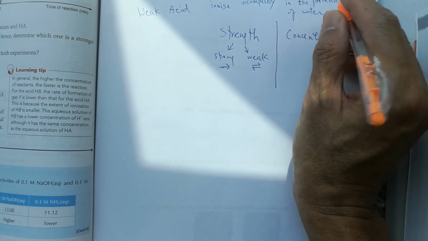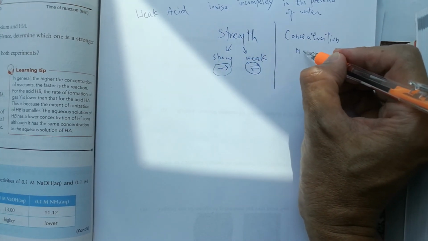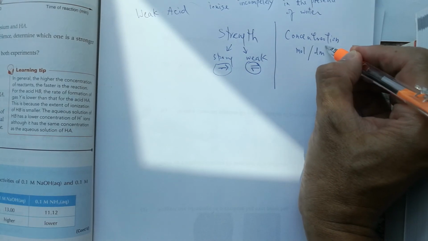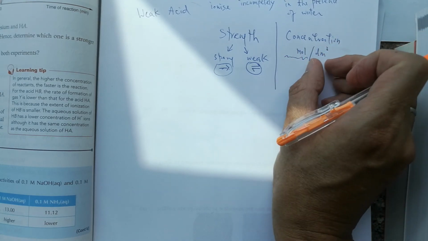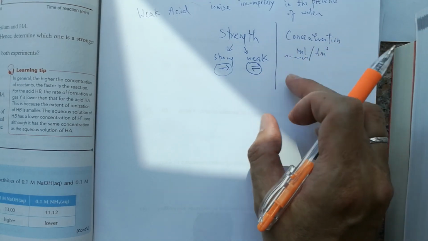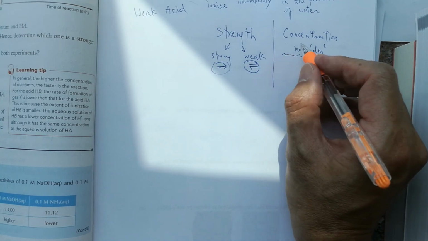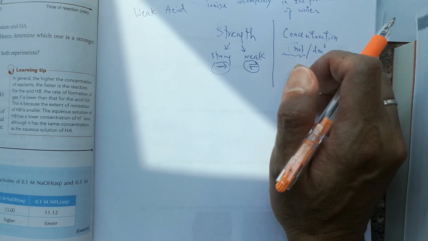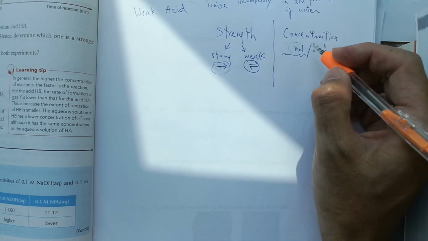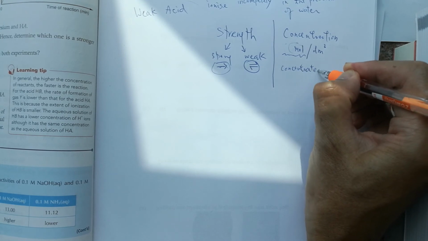The word concentration does not depend on the arrow, it depends on the number of moles per dm cube. More moles per 1 dm cube means a higher concentration. If the number of moles per dm cube is very low, then it has a lower concentration. High concentration, you can call a concentrated solution.